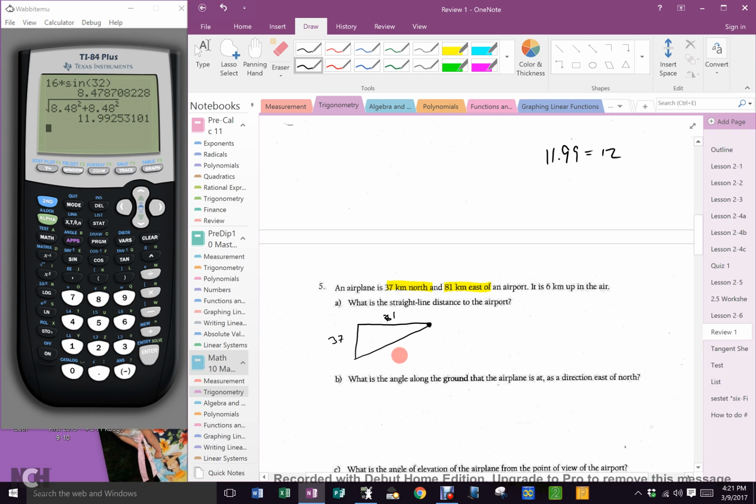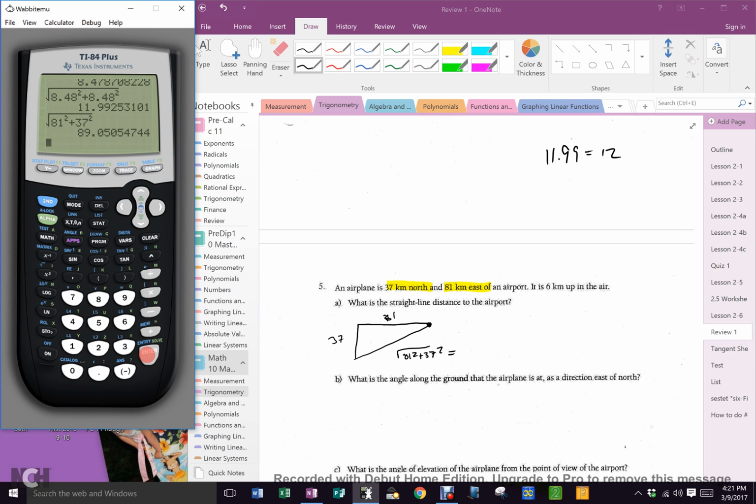So this distance is the square root of 81 squared plus 37 squared, which is 89.1.